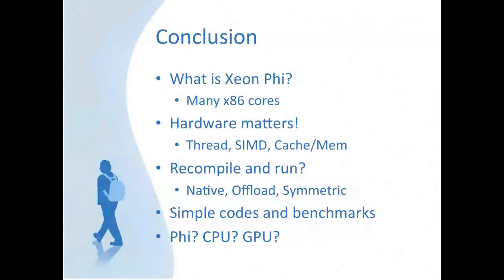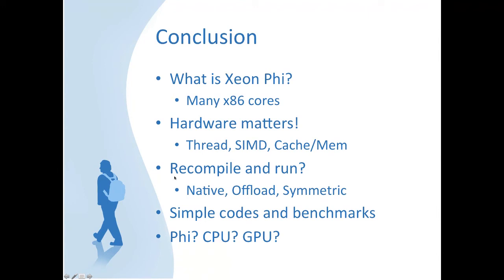So the conclusion is, now you can see we had multiple questions and we have already answered them. So what is Xeon Phi? It has many x86 cores with large and advanced vector units. And the second thing is the hardware matters. Like I told you before, you have to consider the threading, the vector unit, and cache misses and cache hits.